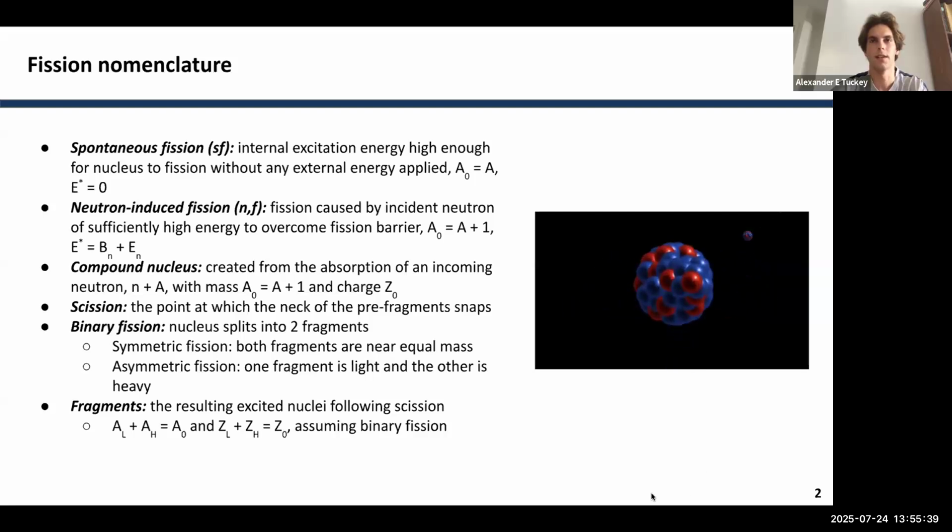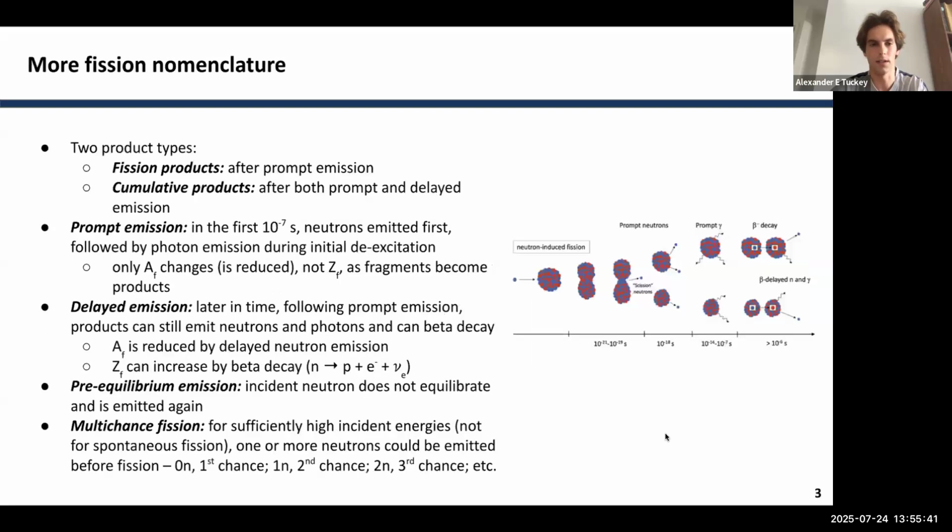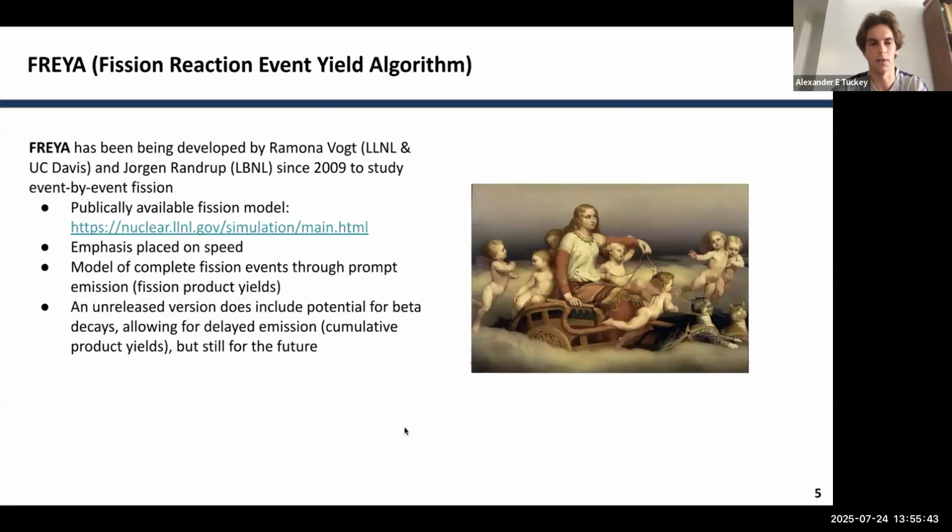So there's a bunch of papers by Ramona and Jörn comparing the Freya output to currently available experimental data. I would recommend just looking these two up on Google Scholar or something, and I'm sure you can have a deep dive there.